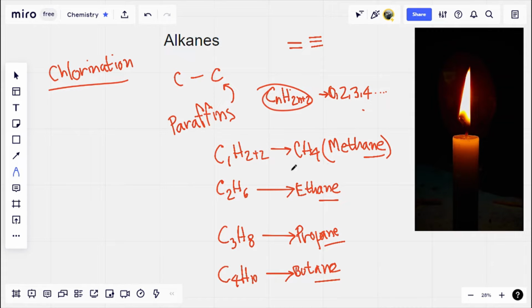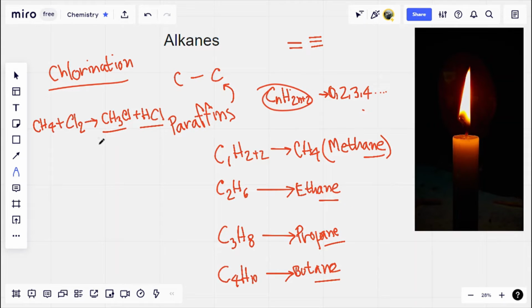Let's take methane for example, CH4, and we will pass chlorine gas on it, Cl2, and we would get CH3Cl plus HCl. Here, one chlorine has substituted one hydrogen and sat on its place, which is substitution reaction, and we will get methyl chloride and HCl gas.